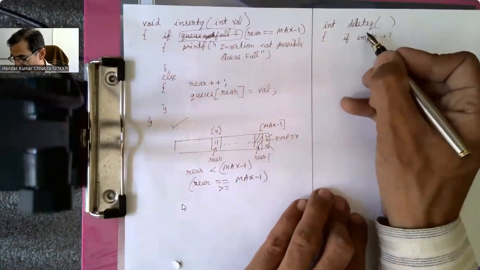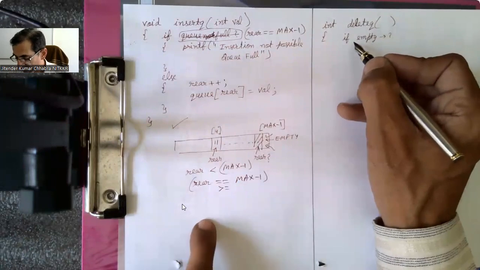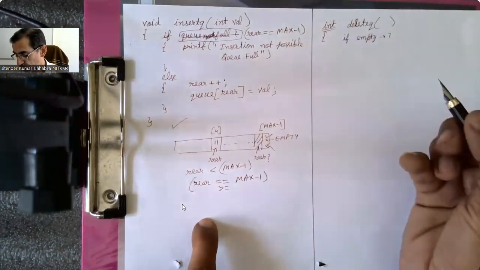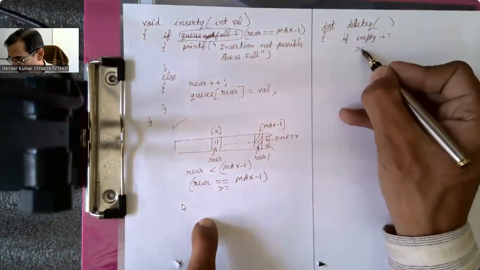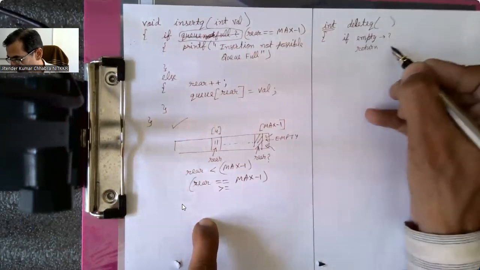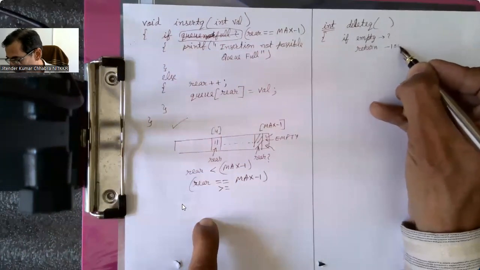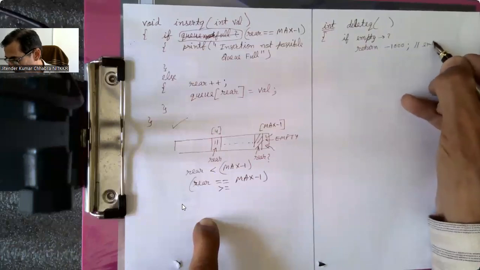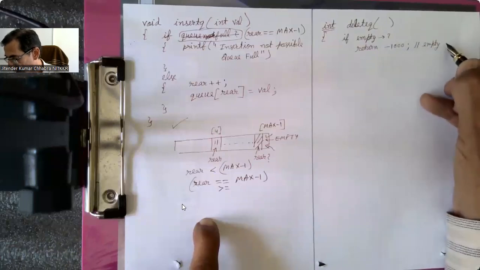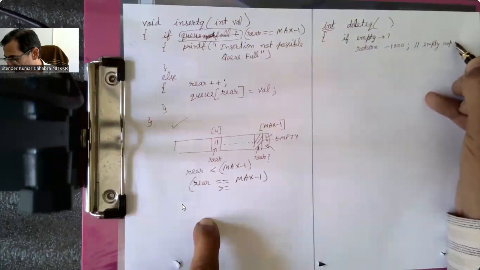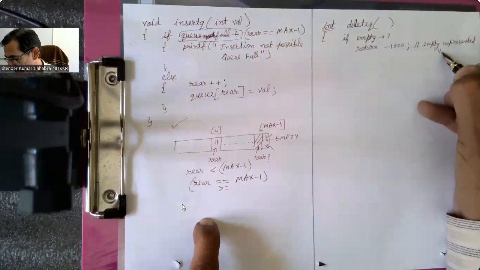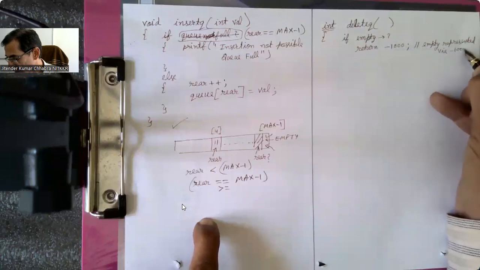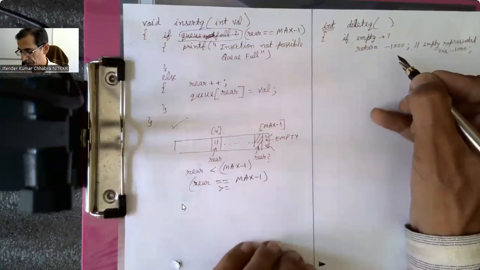But if it is empty, we will avoid a printf message because status is to be returned. So maybe the way we did earlier, I will say let's say return minus 1000, assuming that the empty situation is being returned. Empty represented via minus 1000. So this will be returned.